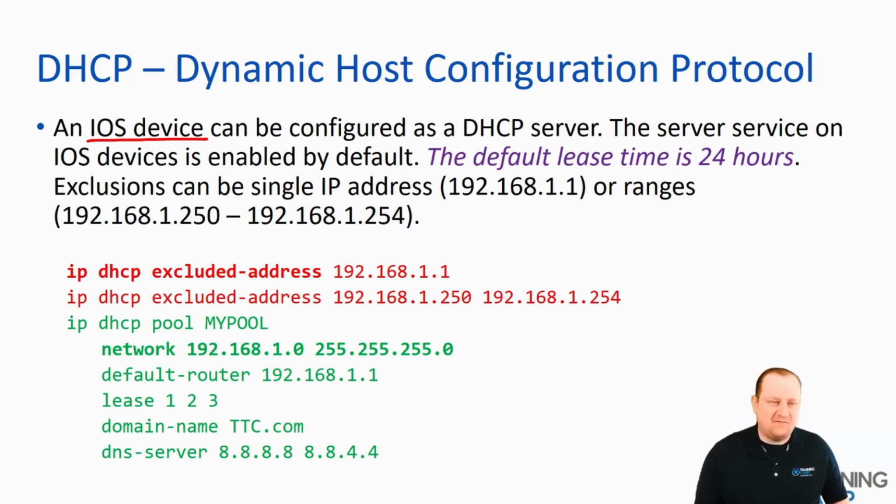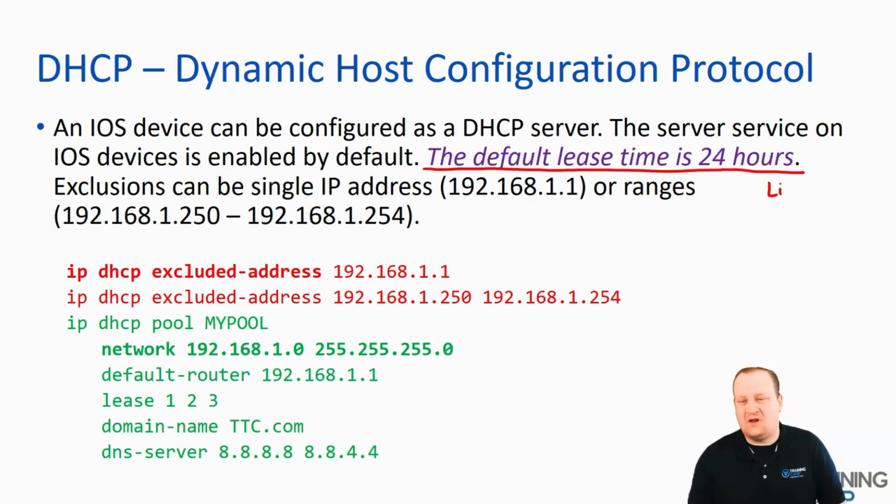And the server function is built into the operating system, sort of enabled by default. Now, when this thing hands out addresses, it will give addresses out for 24 hours by default, which is just sort of common for anything that's Linux related, like the IOS operating system. And you can also tell it addresses you don't want it to hand out, should there be any.